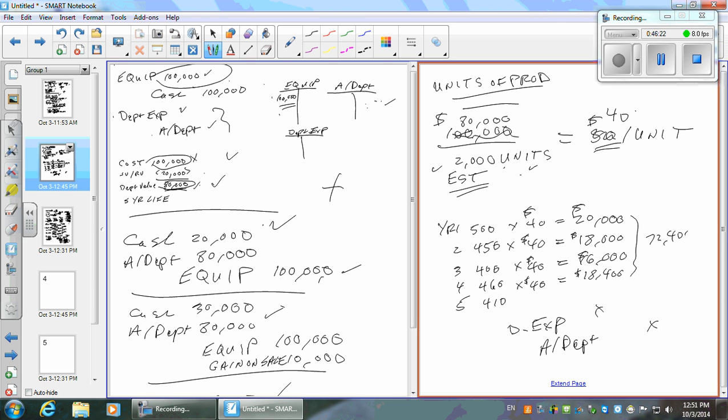So how much do I have left to get to 80, gang? 7,600. So that's not going to work, right? It's going to be what's left, 7,600. Debit depreciation expense, credit accumulated depreciation, and how much do we now have? 80,000 in accumulated depreciation, and I stop. It's just like straight line.